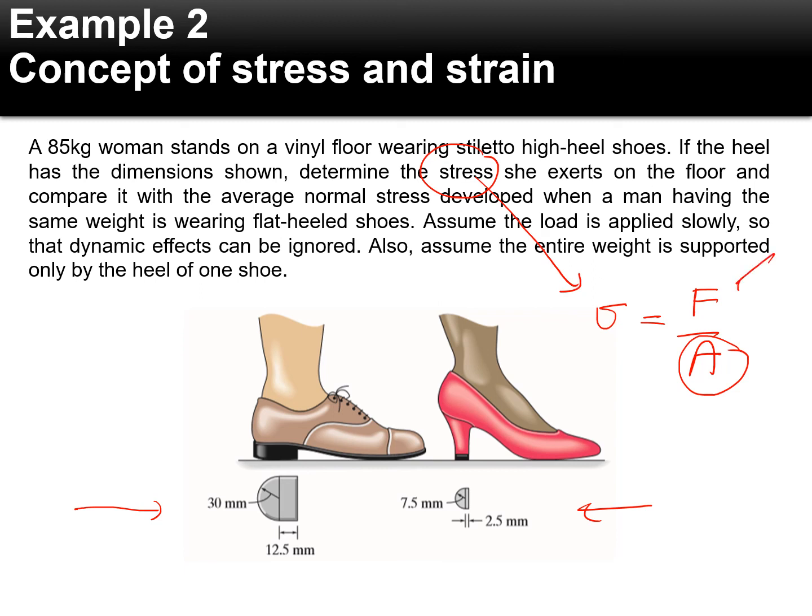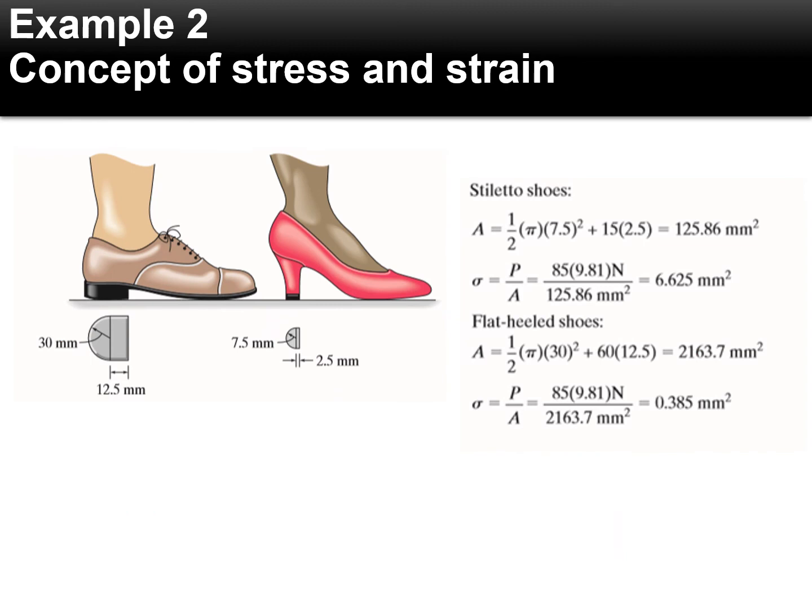The force given here is actually the weight, which you need to change into Newton units. Right, so now we look at the solution, whereby you calculate the area, and then substitute the value into the formula, sigma equal to F or P over A.